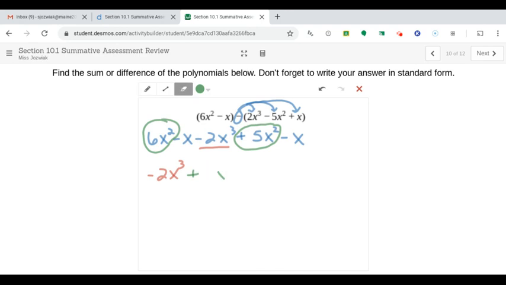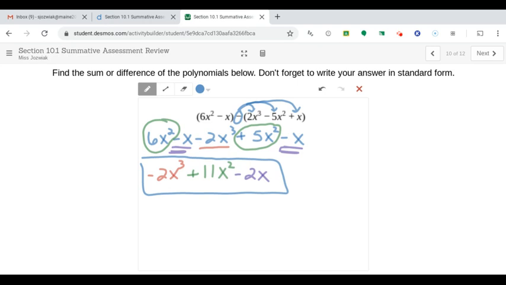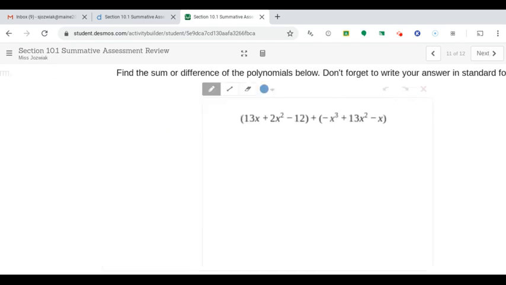That's a really bad 11. There we go. And then we've got a negative x right here and a negative x right here. When we combine those, we get negative 2x. So there is the difference that we found. That's the answer.